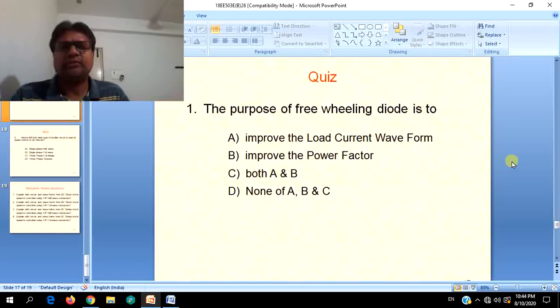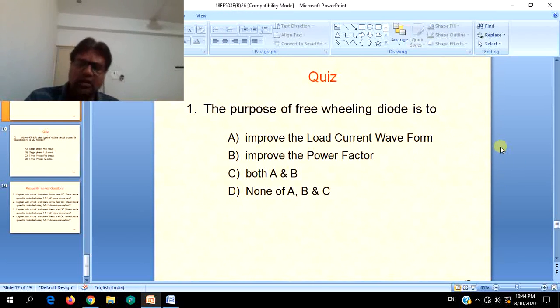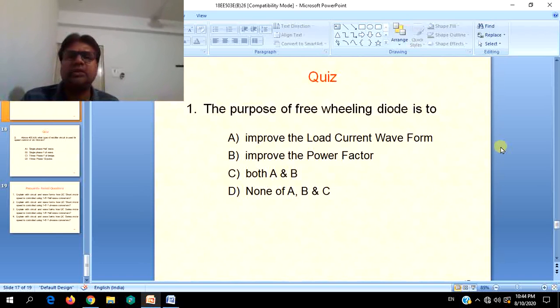Now it is the time for a simple quiz. The purpose of freewheeling diode is to improve the load current waveform, improve the power factor, both A and B, none of A, B and C. This is the same old question concept we know. It is freewheeling diodes by providing a circulating path. Otherwise the current would have been zero.